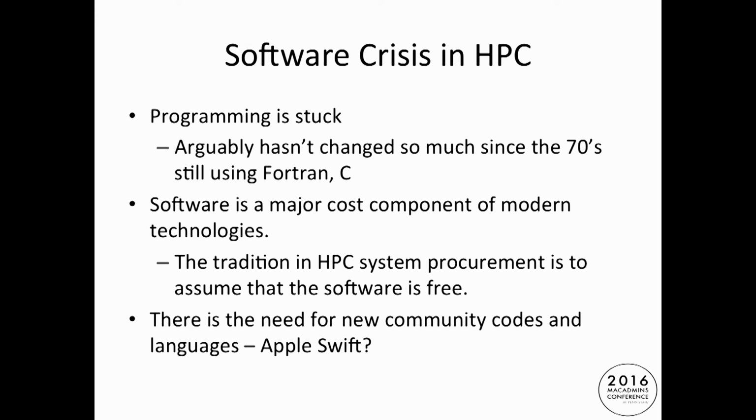And then they say software is one of the major components of technologies now. The tradition of HPC procurement was to assume that the software was free. Oh, sure, let's run it in Swift. Let's run these programs in Fortran.